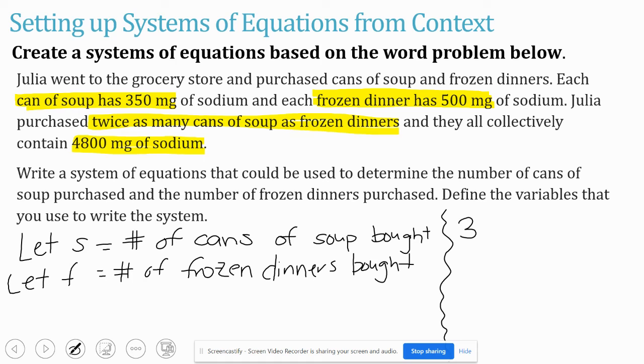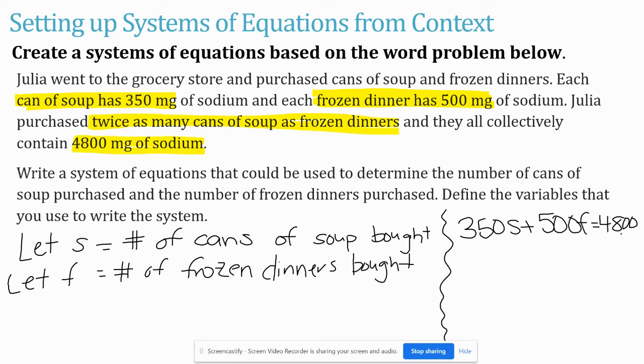So it's 350 times S plus 500 is how much a frozen dinner has. So we're going to have 500F, and that equals that total of 4,800. Okay, so you notice that we're talking about all the same things. Milligrams, milligrams, milligrams. Everything's the same.